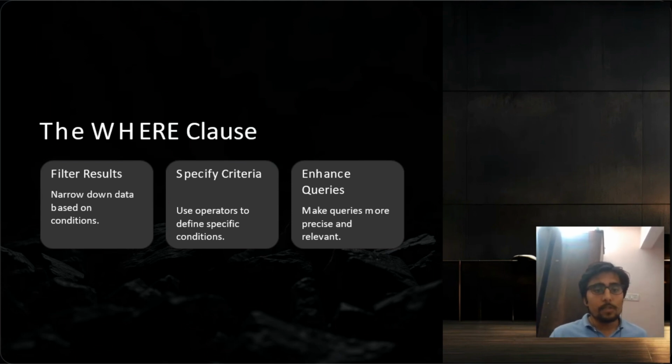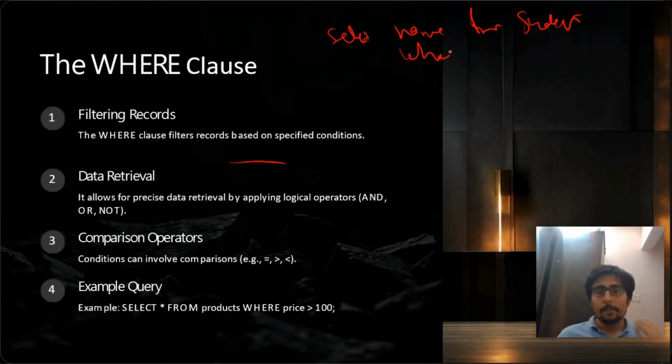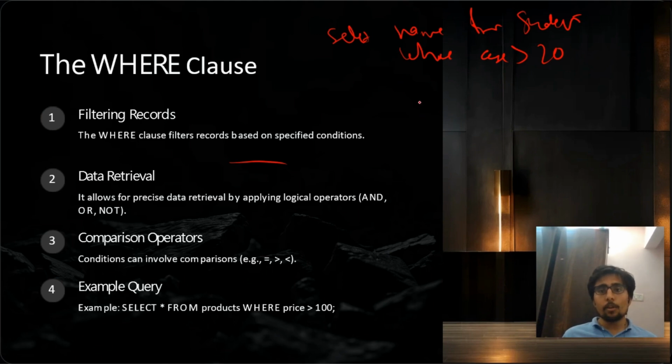And where, as you can see over here, is used to filter results. The where clause filters records based on specified conditions. For example, select name from a student where, let's say, age is greater than 20. So what it will give is a record of all students whose age is greater than 20. For ages less than 20, it will ignore them.